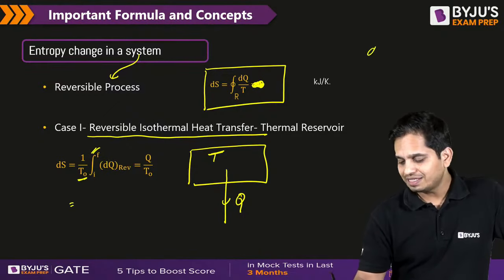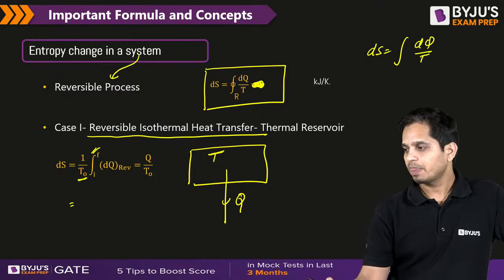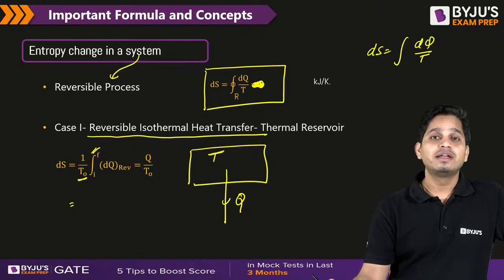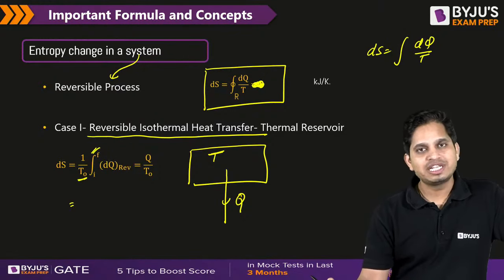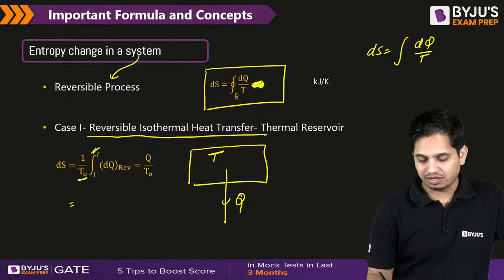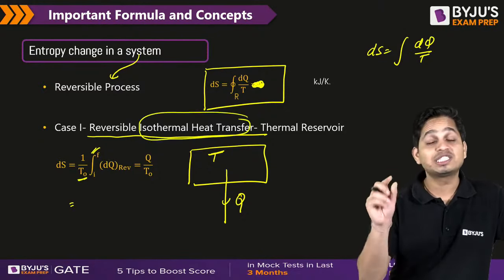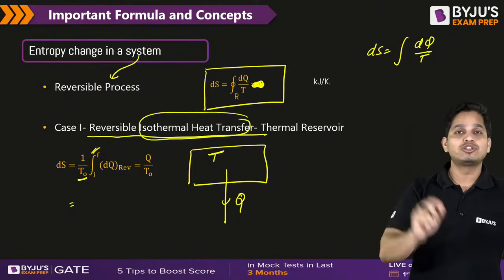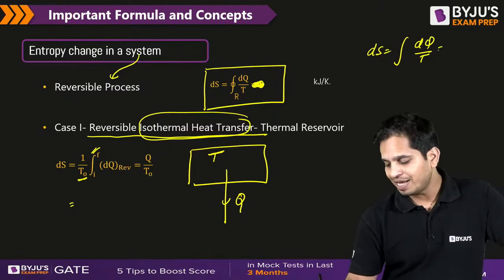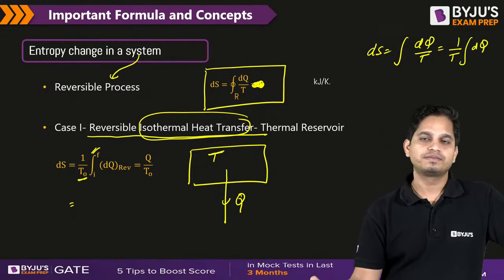Look, ds is equal to the integration of dq by T. In this particular case of reversible isothermal heat transfer, temperature is constant, so I will take temperature out and integrate dq.